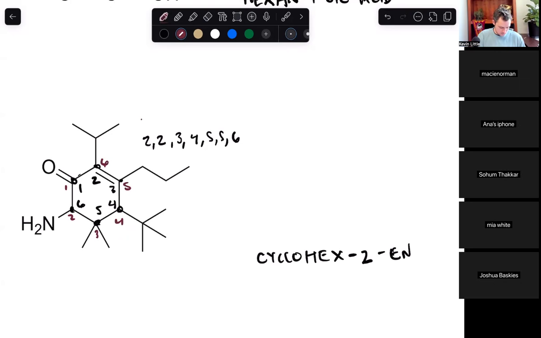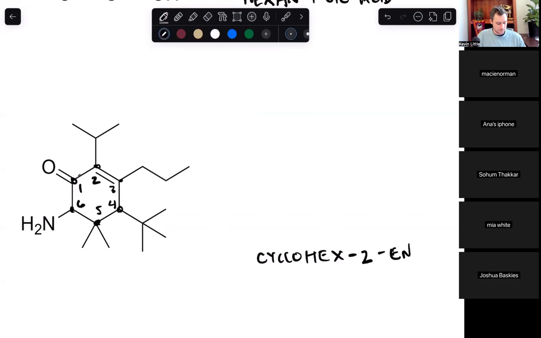I'd have a group at two, two groups at three, a group at four, two groups at five, and a group at six. So the lower total number is the black one, not the garnet one. So I go with the black one. It's a good question. Names have to be very hyper specific, which is kind of annoying.